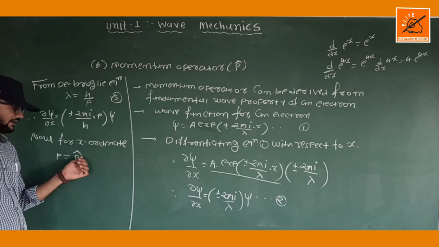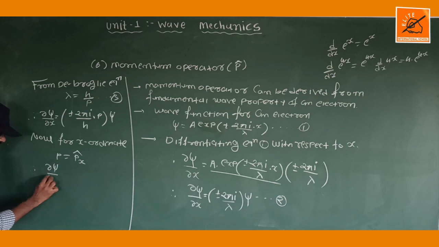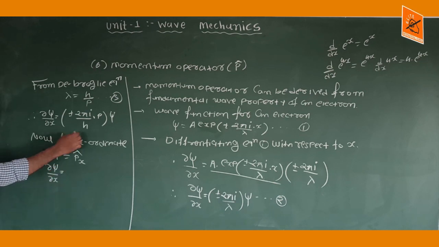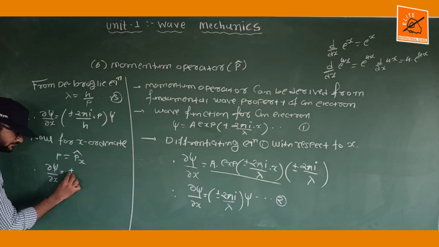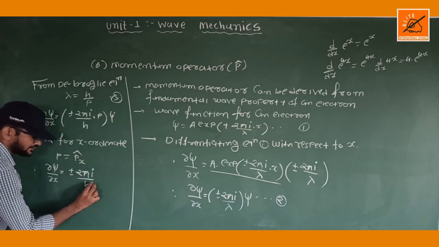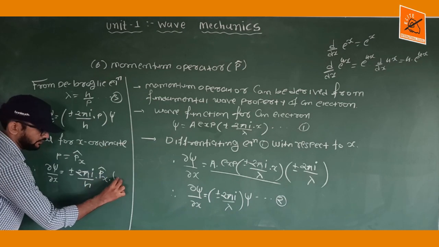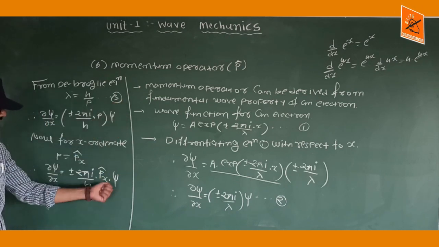Suppose z, then pz cap. So this equation will become, therefore, d sin upon dx is equal to plus or minus 2 pi i upon h into p cap x into sin. Okay, so this is equation number 4.